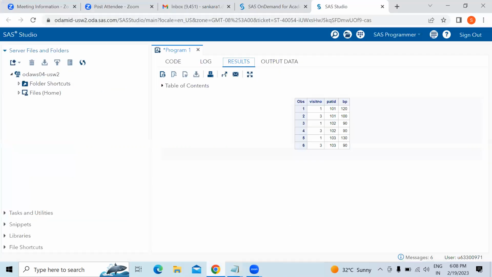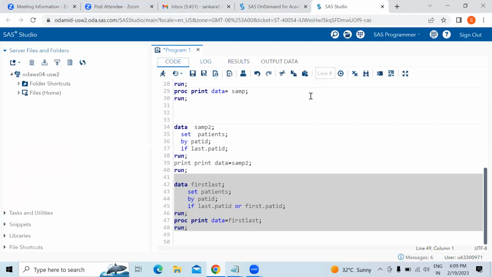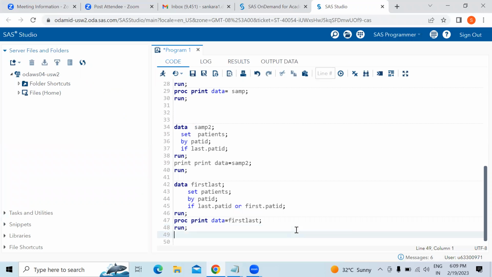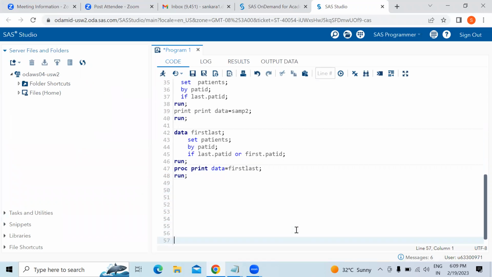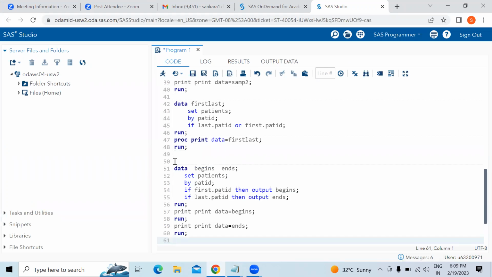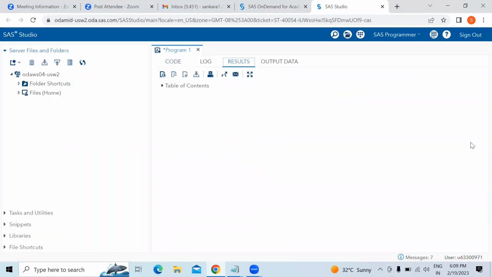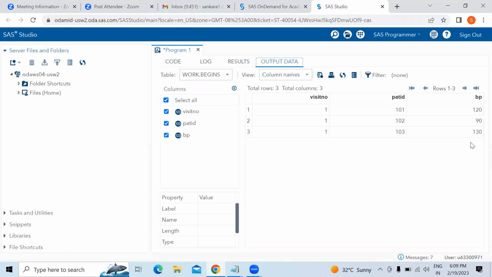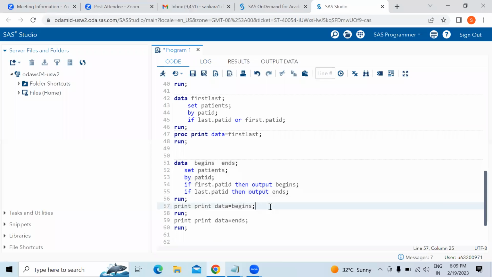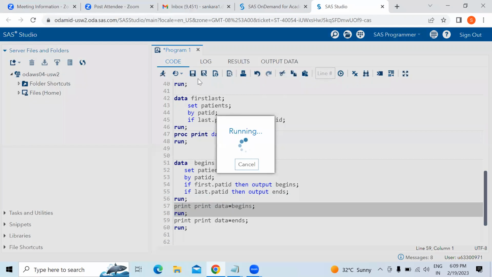So the data is distributed as two parts. Check one by one on output. This is for the beginning status.